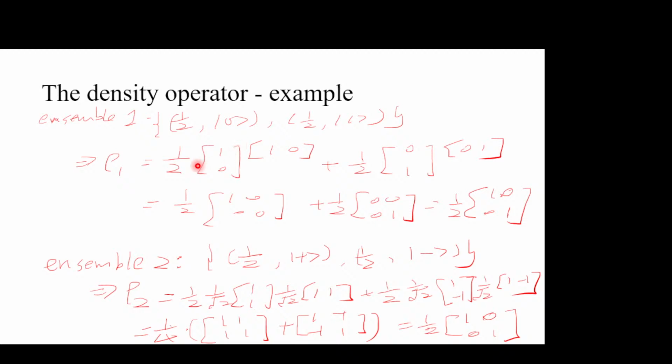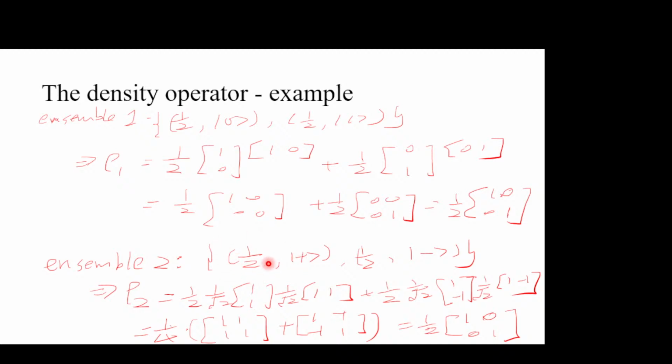And we gave a rough example. We can have two different probability mixtures that give you the same quantum state. A probability mixture with one half probability being the 0 state and one half probability being the 1 state gives a density matrix of 1/2 times the identity matrix.